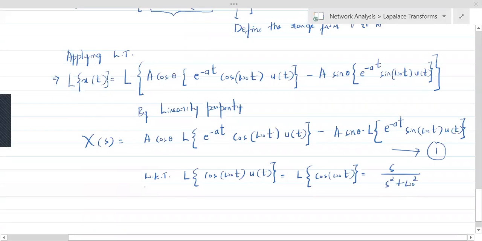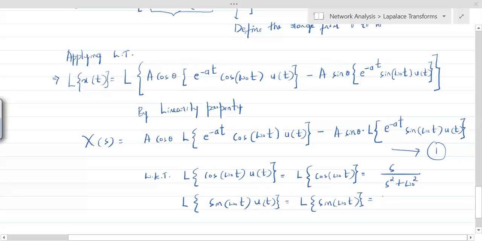And I know that Laplace transform of sine omega naught t u of t, which is as good as Laplace transform of sine omega naught t, because u of t is just a range defining function, is omega naught divided by s square plus omega naught square. So we know these two functions from the standard transforms that we have derived earlier.